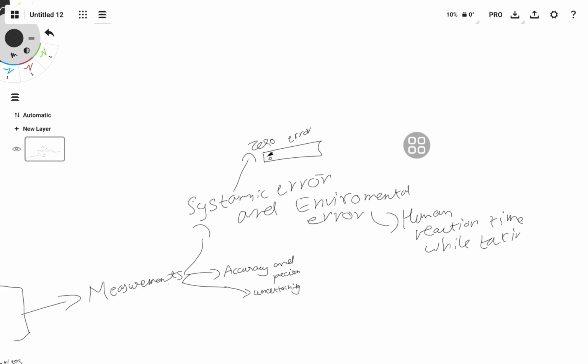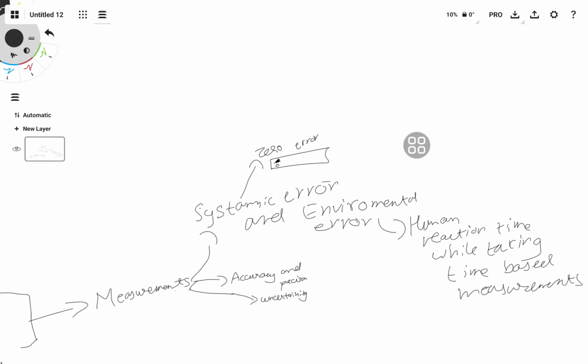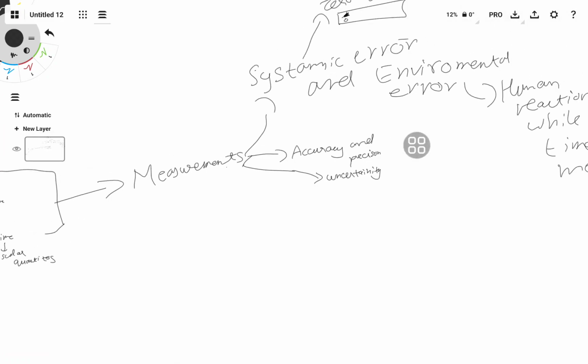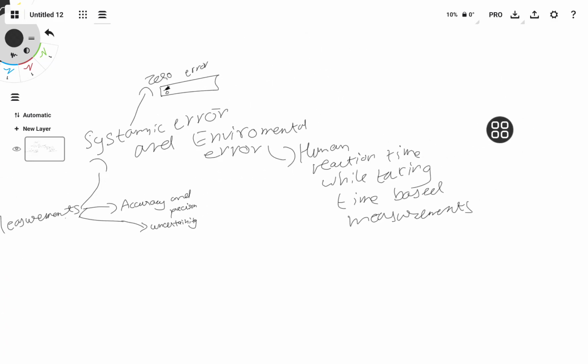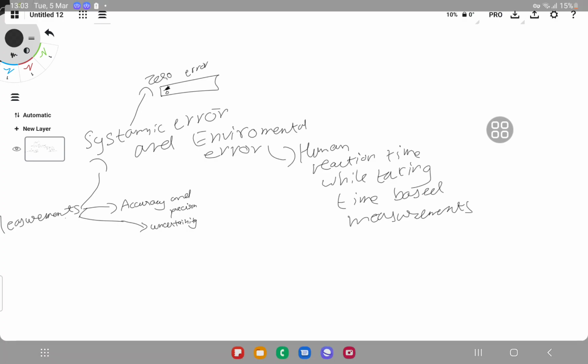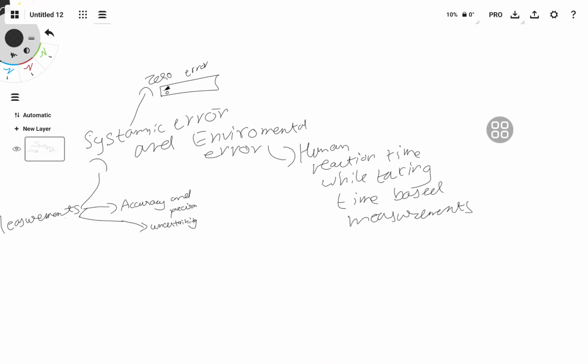while taking time based measurements. Human reaction time while taking time based measurements, like if a human basically takes it 0.5 seconds later or 0.1 second later, 1 millisecond later, against the actual time something started, like we have something above falling and it takes 0.1 seconds.